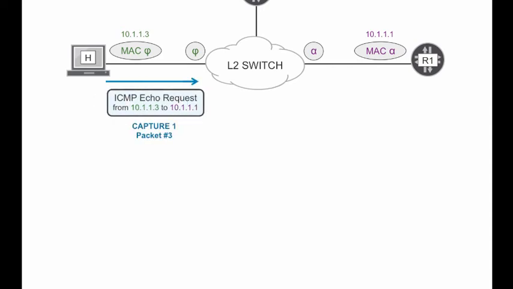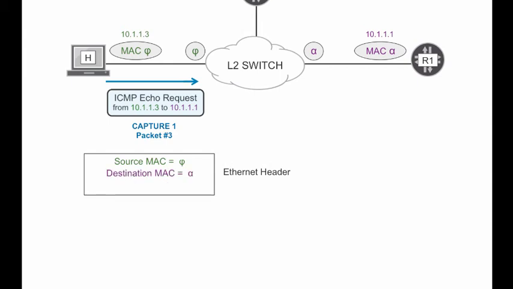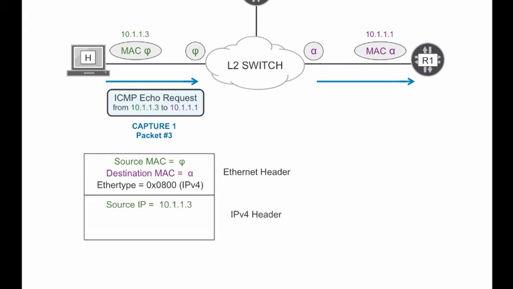Finally, when you ping from H to R1, the ICMP packets have unicast destination MAC addresses. And since the level 2 switch has already learned these MAC addresses, the packets are only flooded to the relevant ports.